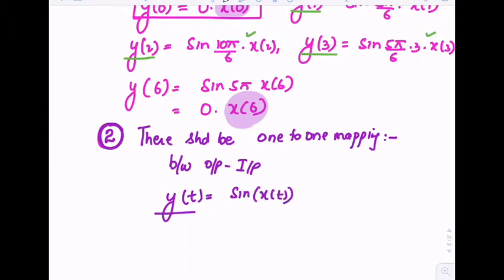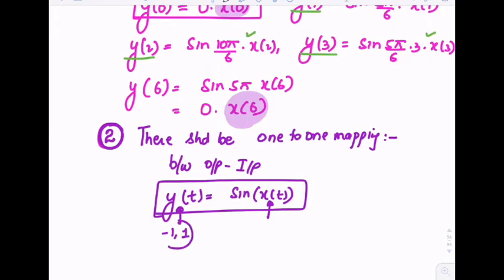Okay, now we can see that x(t) can have any value, but y(t) will have a value between -1 and 1 only.